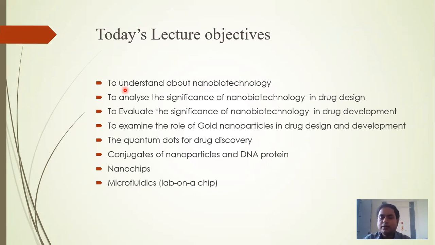There are conjugates of nanoparticles with DNA and proteins that can also help drug design and development. We will see how a nano chip is useful and beneficial for drug design and development. We will also analyze the microfluidic device, also called lab on a chip, organ on a chip, liver on a chip, and how this microfluidic device can help the drug design and development process.